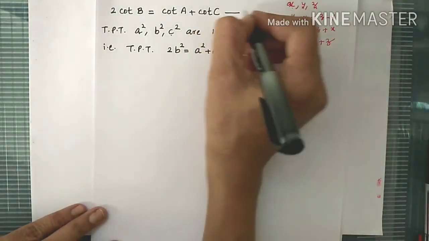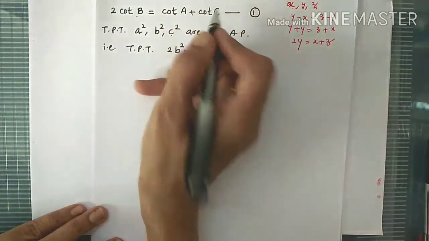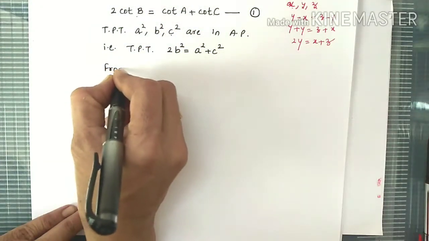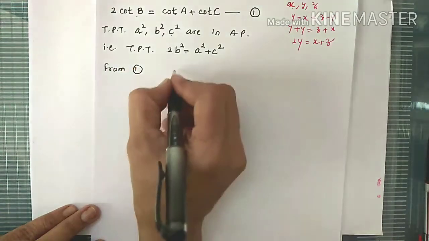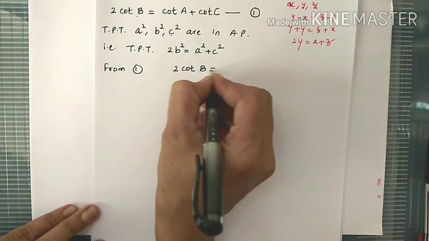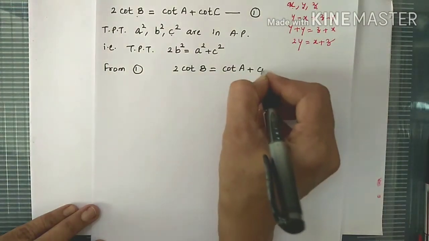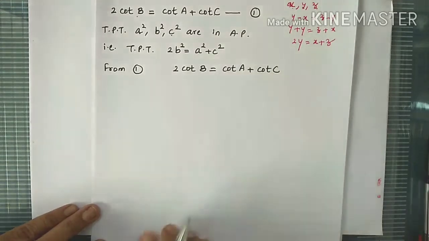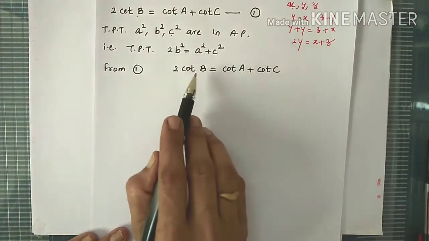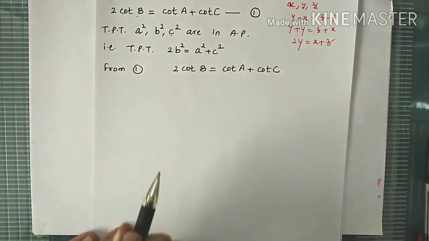Given equation is, since these 3 terms are in AP, we have 2 cot B equal to cot A plus cot C. So from 1, we have 2 cot B equal to cot A plus cot C. To prove that 2b² equal to a² plus c², we have to convert these capital letter terms into small letter terms.